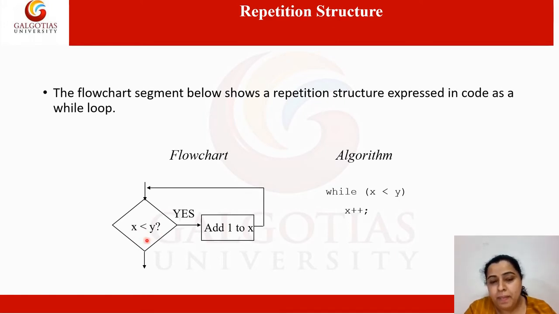And because it is a repetition, we need to move back to the top of the decision structure. So it's a feedback kind of thing. That is why we call it a loop. Again, we check whether x is less than y or not. If x is still less than y, then we again add 1 to it.